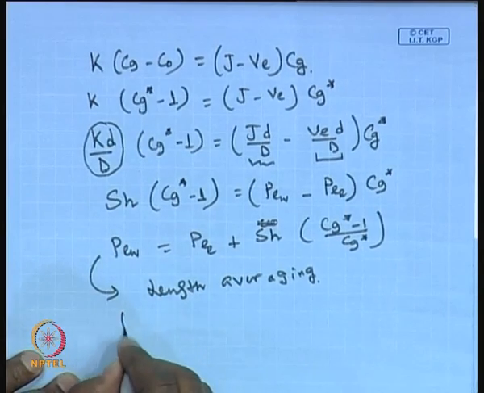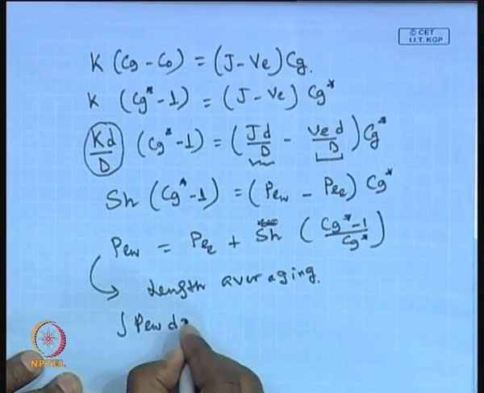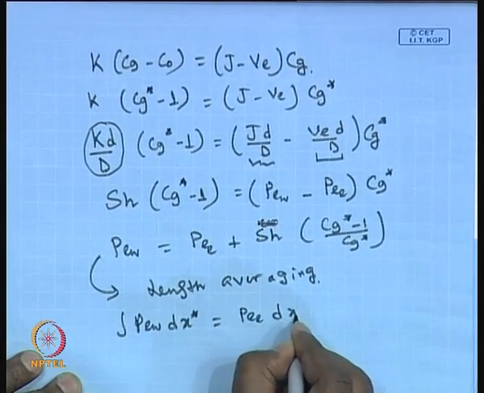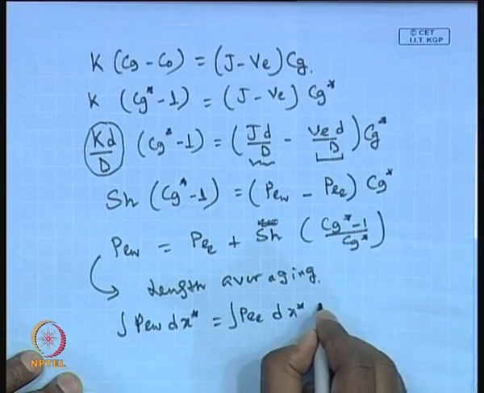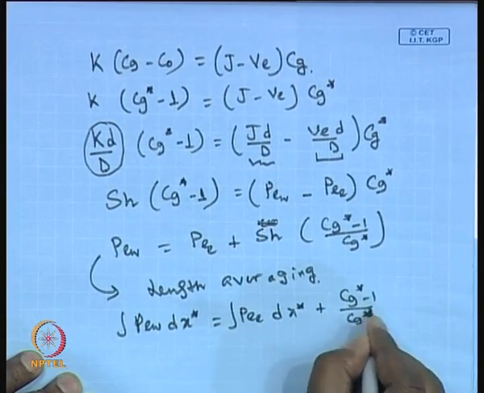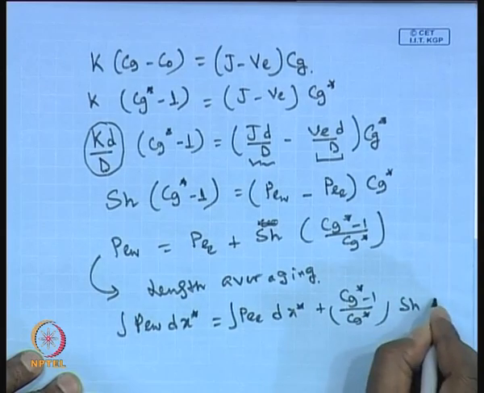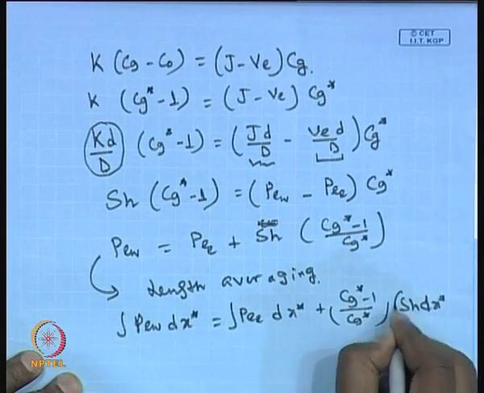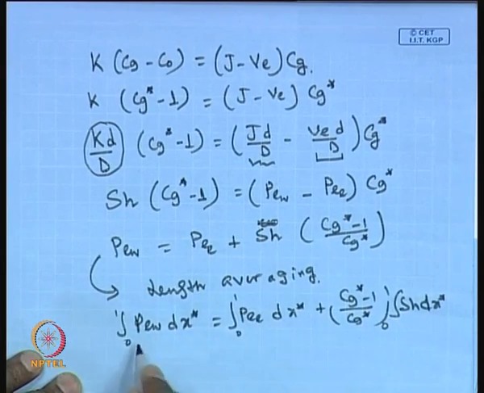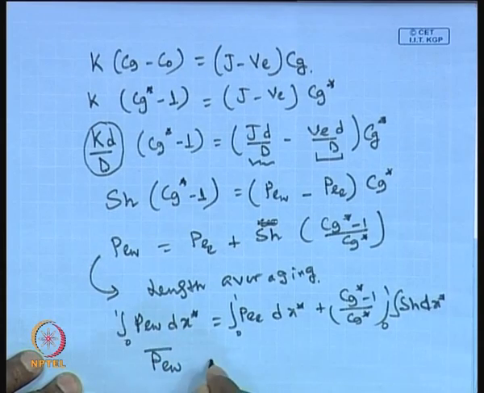So, it is basically integral PW dx star is equal to PE dx star integration plus Cg star minus 1 divided by Cg star, that is constant. So, this becomes Sherwood dx star integral. Now, 0 to 1, 0 to 1, 0 to 1. So, integral PW dx star will be nothing but length averaged permeate flux.